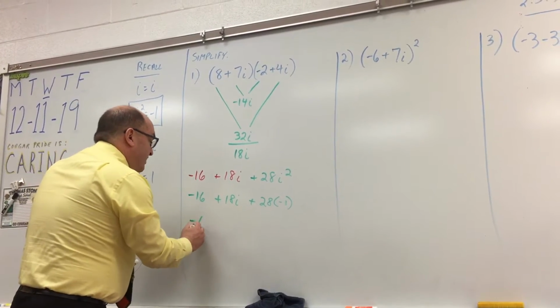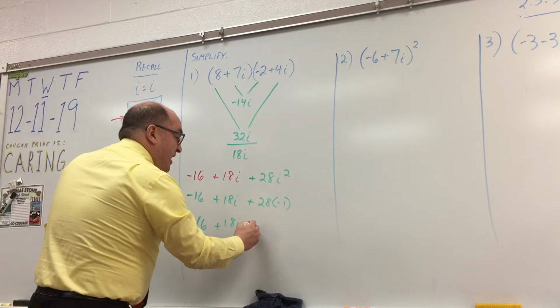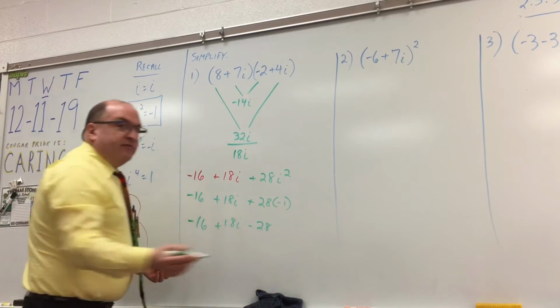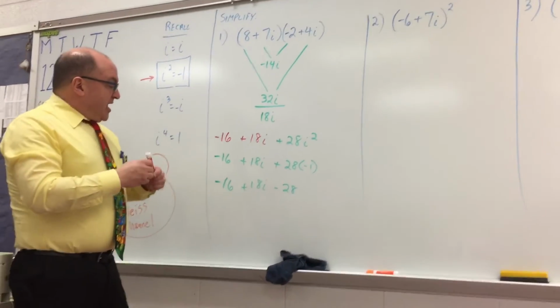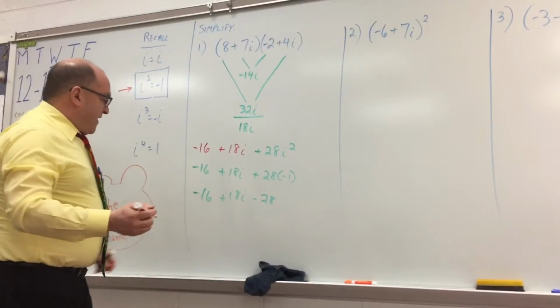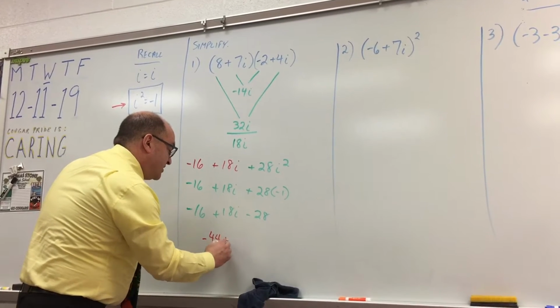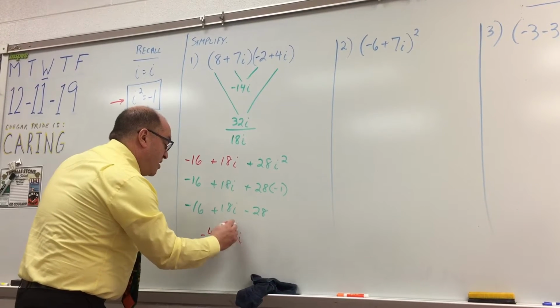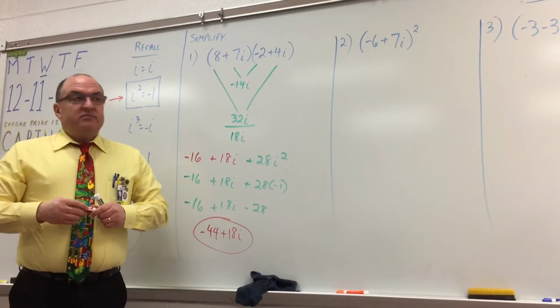So we have -16 plus 18i minus 28, or plus -28. What's -16 and -28? That would be -44, so -44 plus 18i. Or 18i minus 44. Either way. Okay?